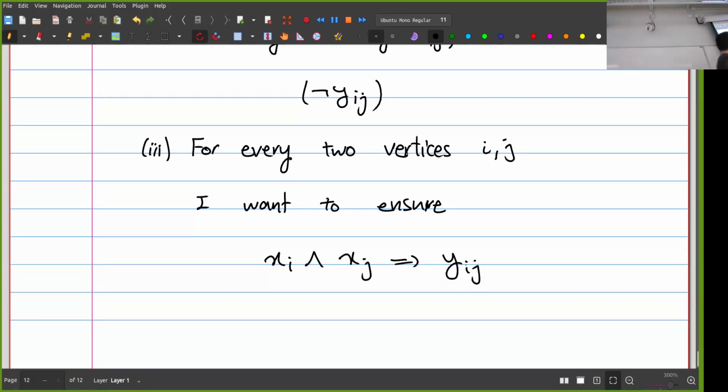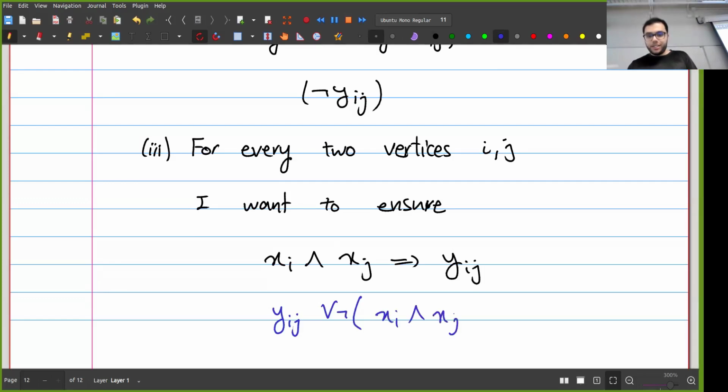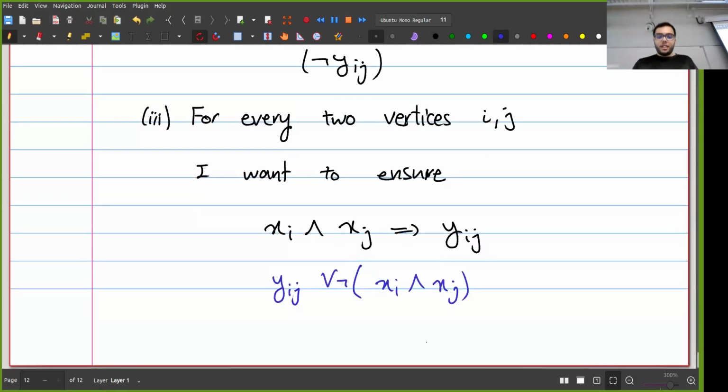But this is not a CNF formula. I have to translate it. I have to write an equivalent formula that is in CNF form. Help me with this. How would you translate this to CNF? This is equivalent to saying yij or not (xi and xj), which is the same as saying yij or not xi or not xj.